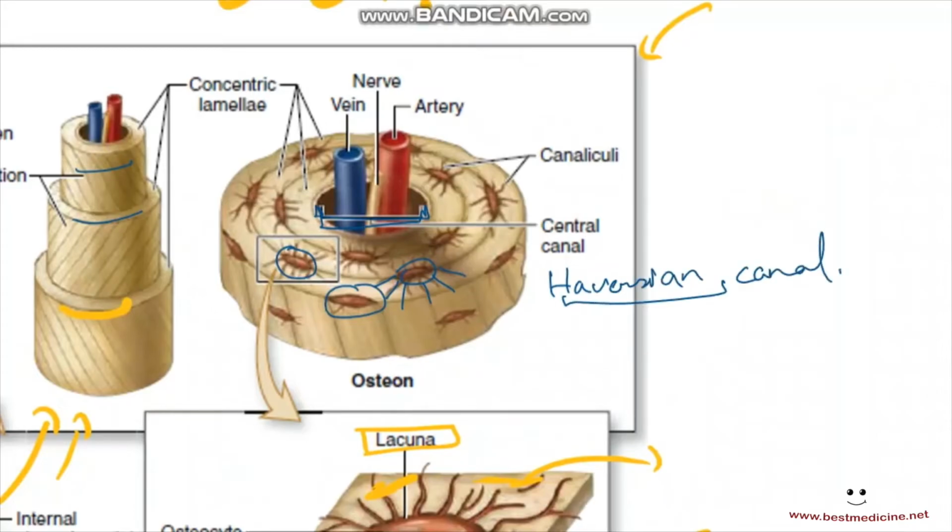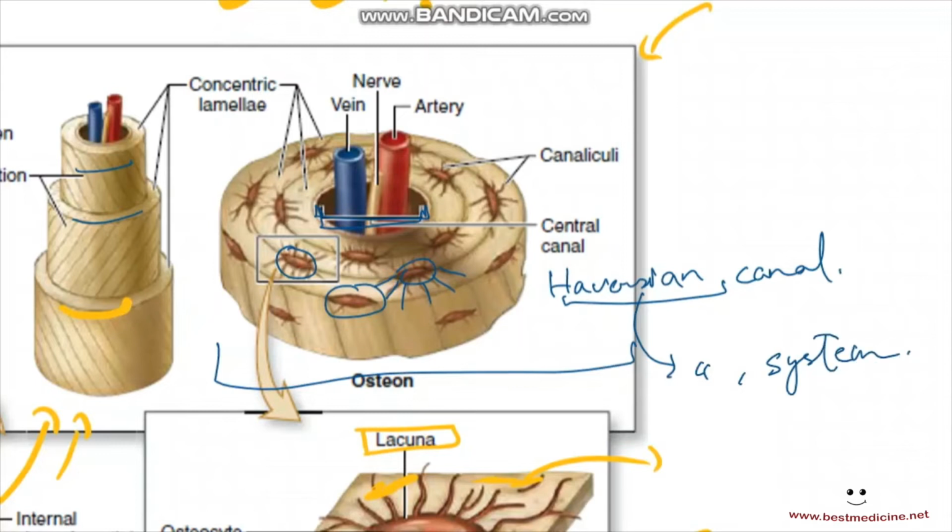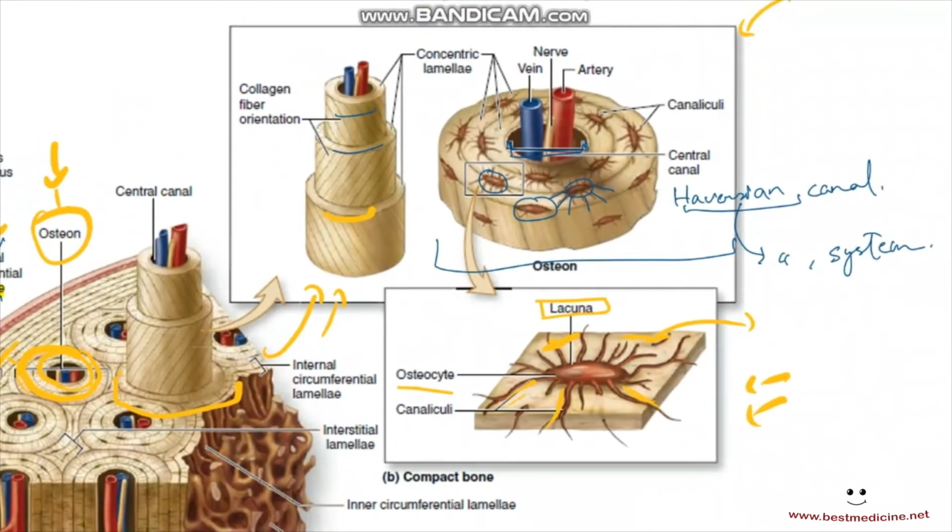And this entire osteon is also referred to as Haversian system. Okay, Haversian system, Haversian canal. And what this canal contains is the arteries, the veins, and the nerves that come inside the bone. The nerves conduct sensation, while the veins and arteries are for the nutritional support of the bone.